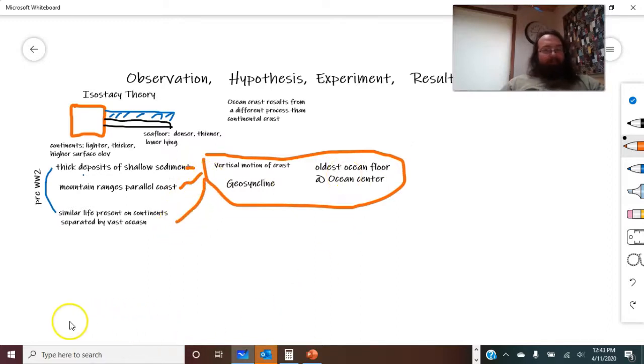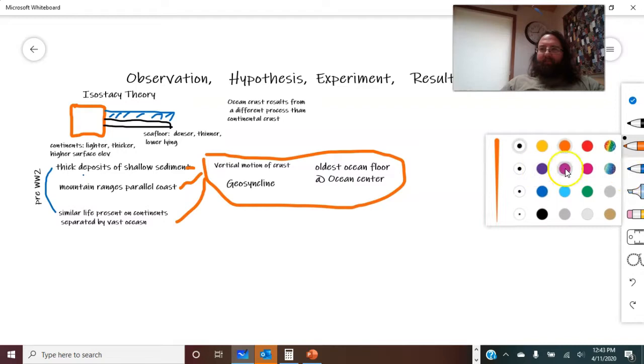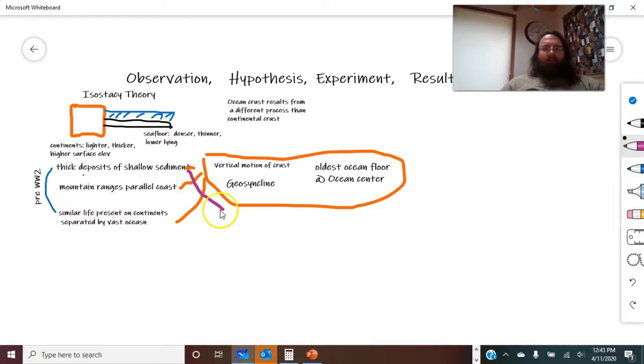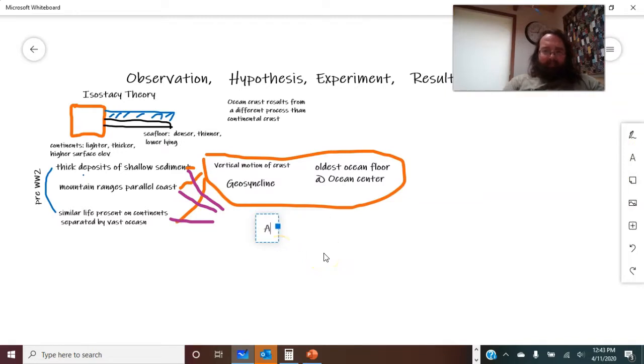All right. So then however, there was a brave soul who took these same lines of evidence and suggested instead of vertical crustal motion, you had horizontal crustal motion. This was Alfred Wegener's continental drift hypothesis.